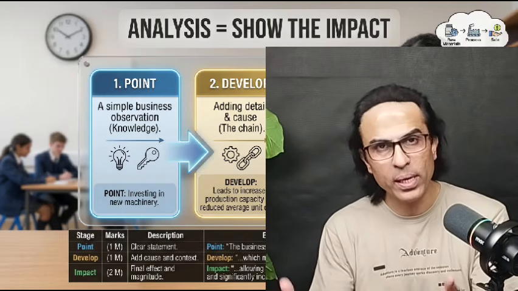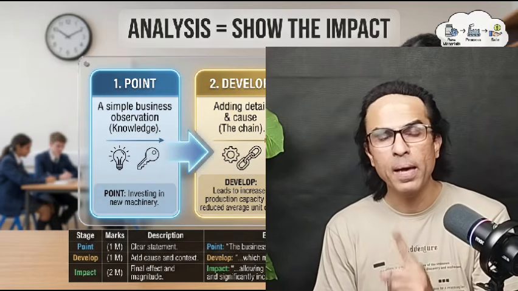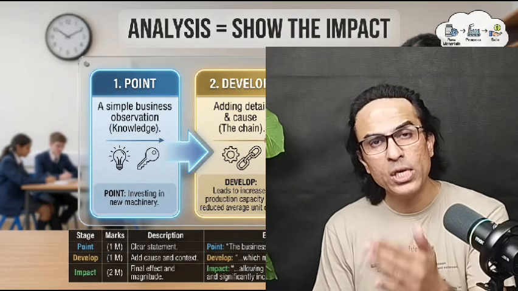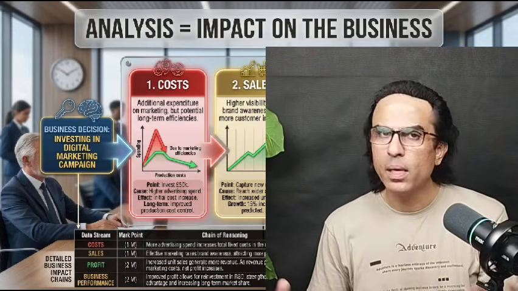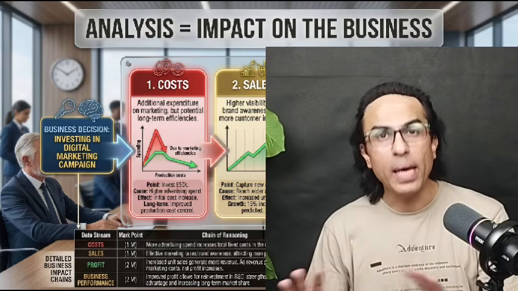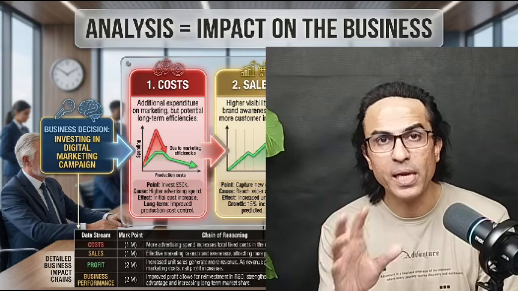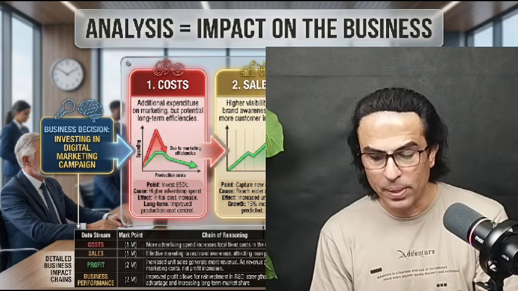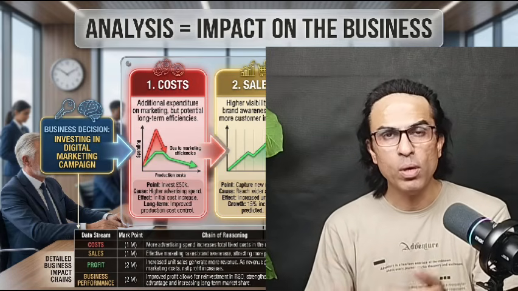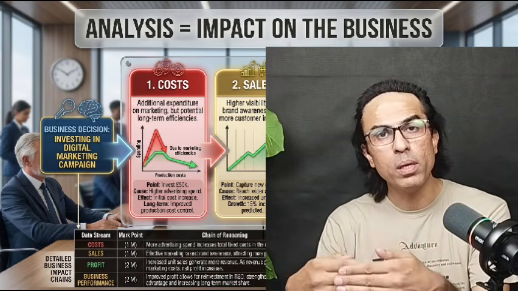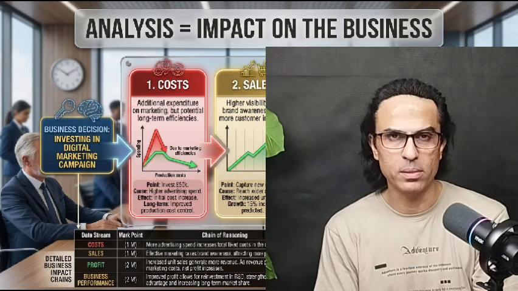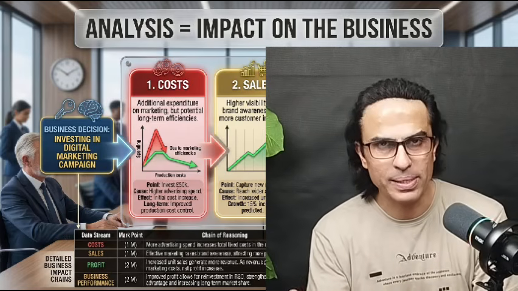So if you develop your point, this would be your explanation. Remember, analysis is all about showing the impact on business, employees, community, government. It can be on anything, but it all depends on the statement of the question. Right now, the statement is about the business. So the impact should be shown on the business. That would be your analysis, showing the impact by developing that point.